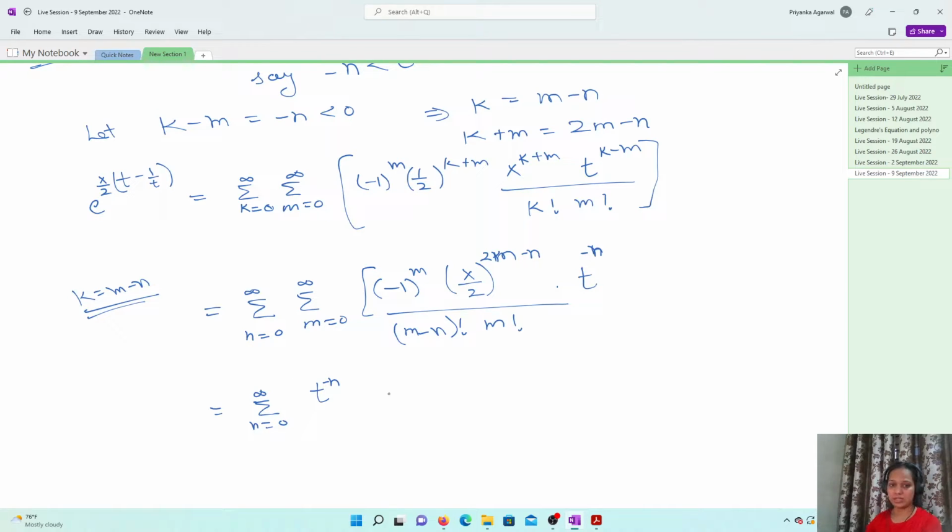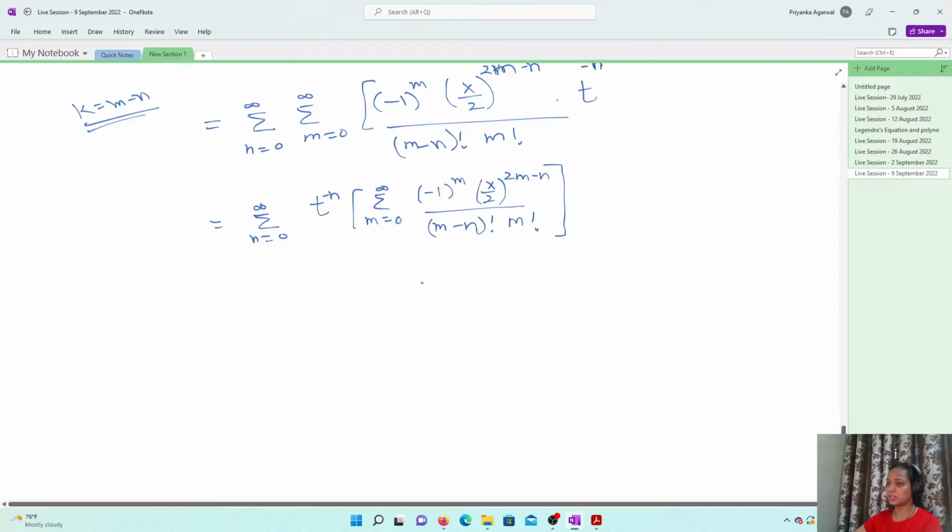Okay, mistake. These happen. t to the power minus n, and then in the bracket we have this entire term: summation n equals 0 to infinity, minus 1 to the power n, (x by 2) to the power 2n minus n over (n minus n) factorial into n factorial.